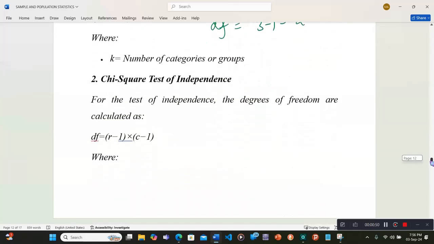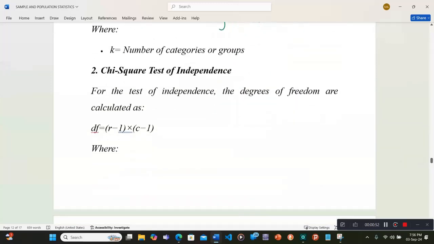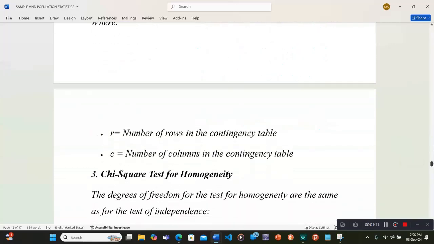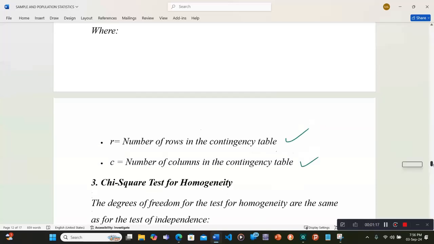So what about if we are looking at the chi-square test of independence? For the test of independence, the degrees of freedom are calculated as follows. We have the degrees of freedom equal to the number of rows minus 1 times the number of columns minus 1, whereby R is the number of rows in the contingency table and C is the number of columns in the contingency table.